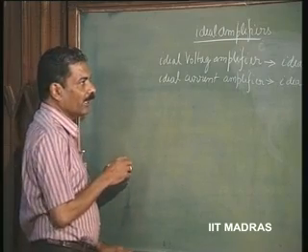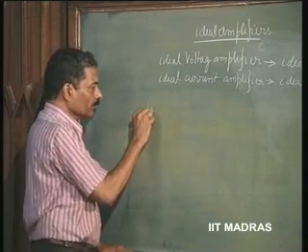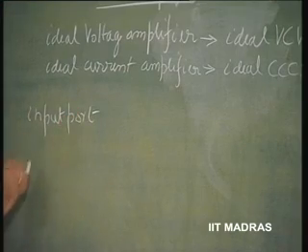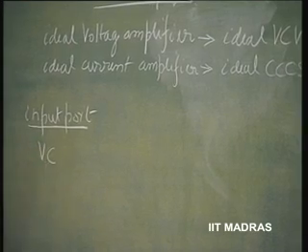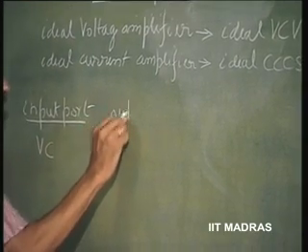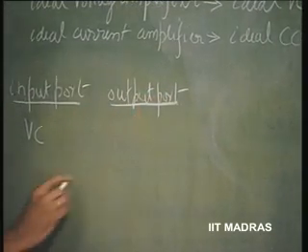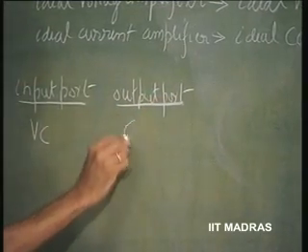Possible amplifiers are when the input port is controlled by voltage, but the output port has not a voltage source but a current source.